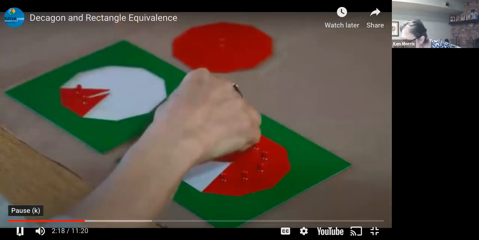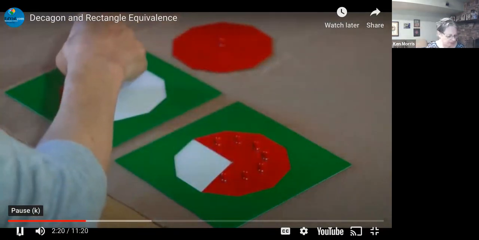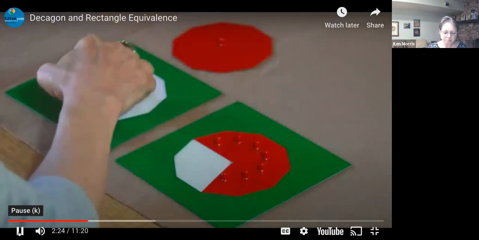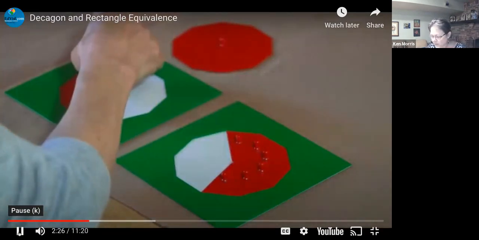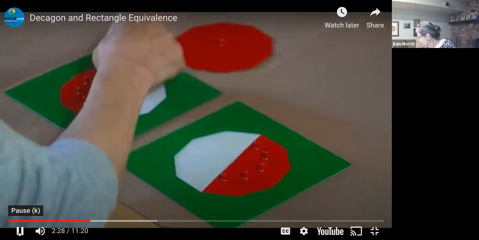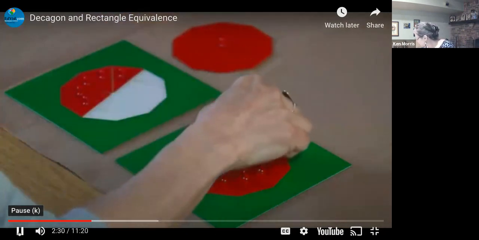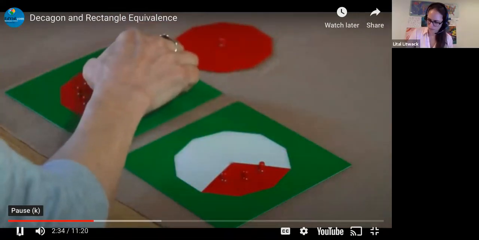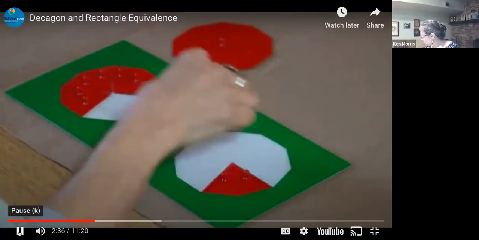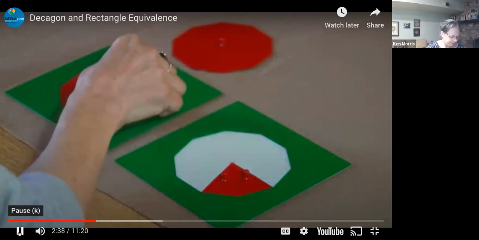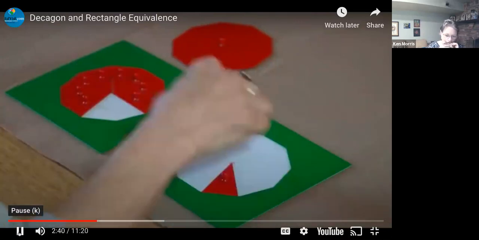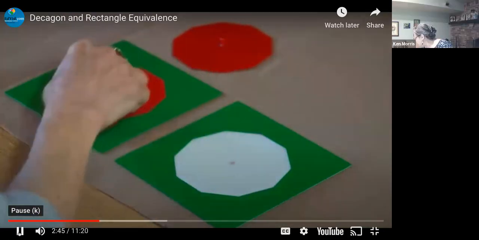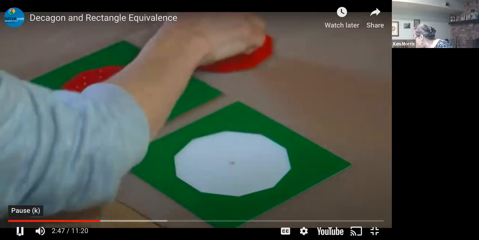It also has 10 equal sides. And as we saw with the pentagon, it's divided into 10 equal triangles. Each of these triangles has as its base the same length as the side of the decagon.